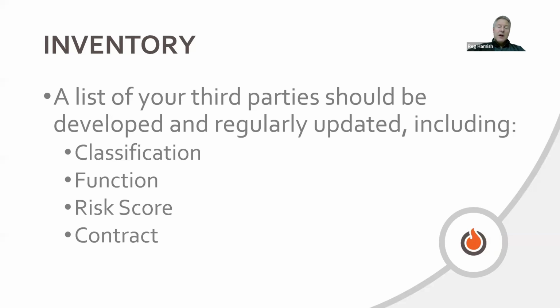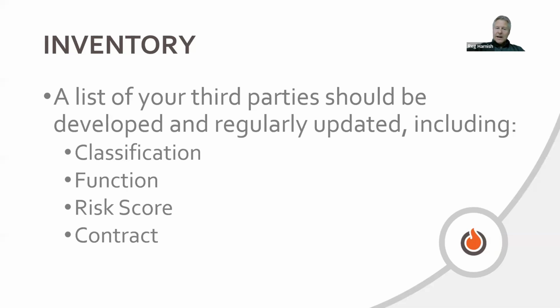Your customers and others who are sending you questionnaires, you can include them in your inventory, but generally speaking, we're not managing their risk. They're managing yours in some ways. So this is about outbound third-party risk management.